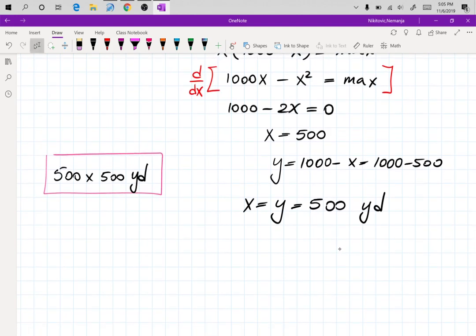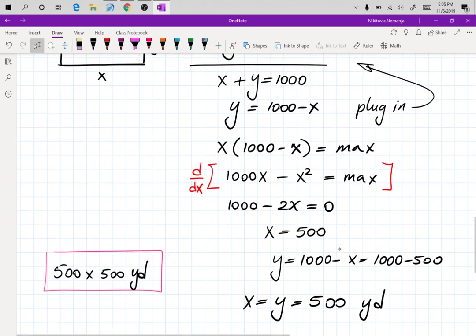I have a question. I remember learning this, I think, in pre-calc, but it was a different way to get to 500. You would have 2x plus 2y equals 2,000, but then you plug something into one of them, and you were looking for the vertex, but all of your equations were quadratics. Yes, because this is a quadratic.